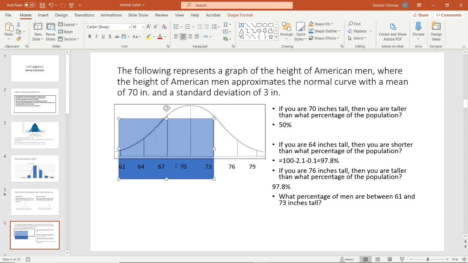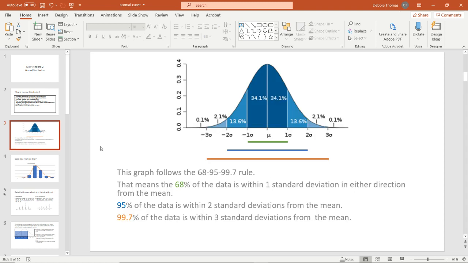So going back here so you can see those numbers again: 2.1, 13.6, 34.1, and 34.1.